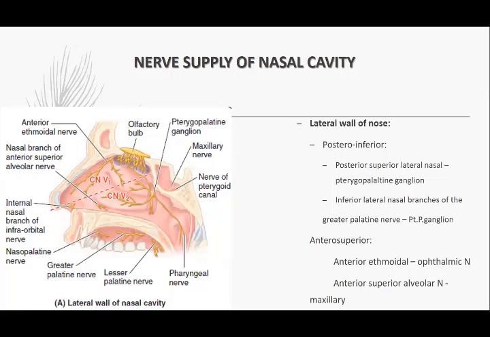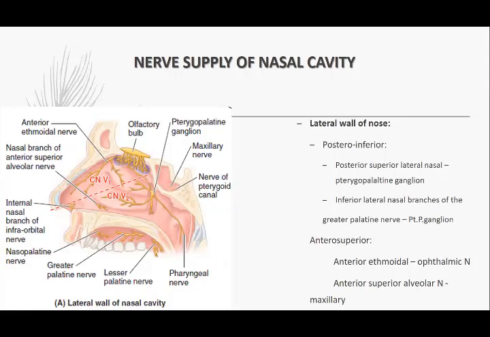Now for the posteroinferior part, the pterygopalatine ganglion lies here, hanging by the maxillary nerve. This pterygopalatine ganglion gives branches to the lateral wall of the nose. It gives posterior superior lateral nasal and inferior lateral nasal branches.